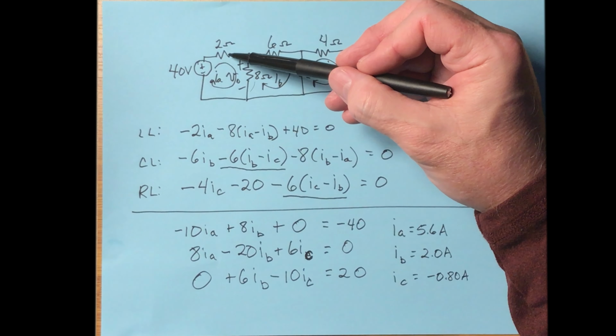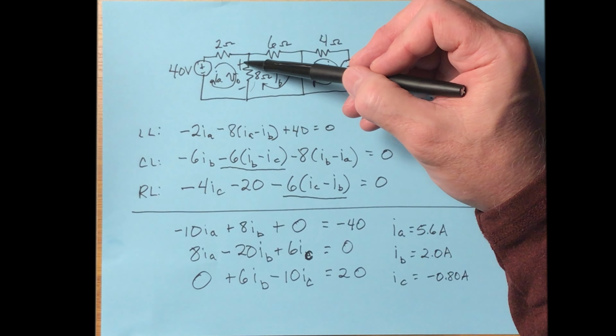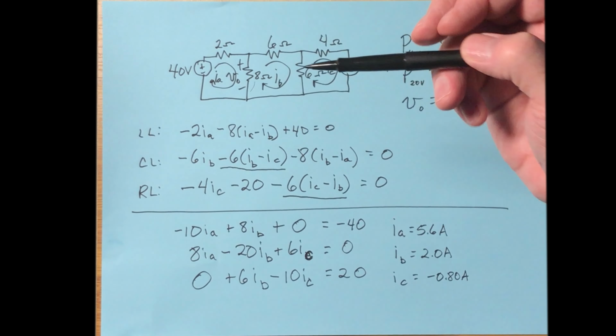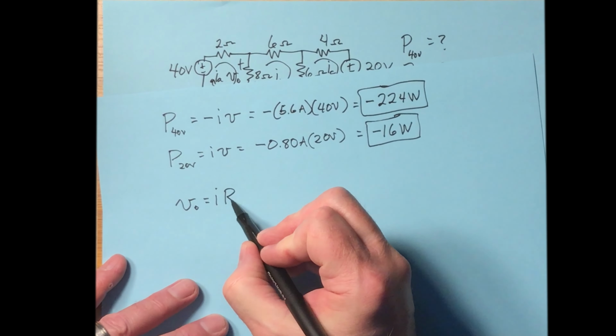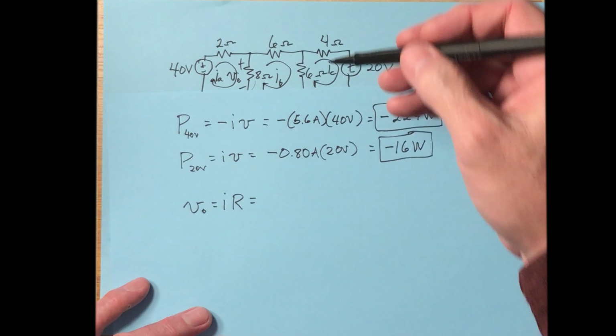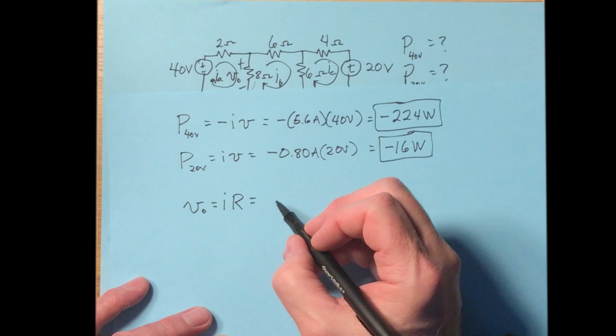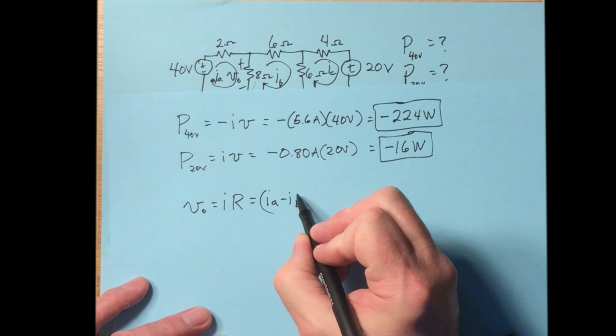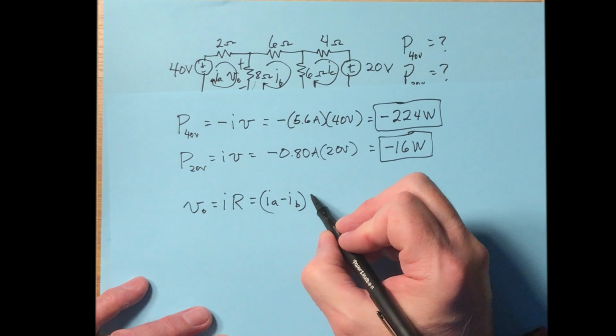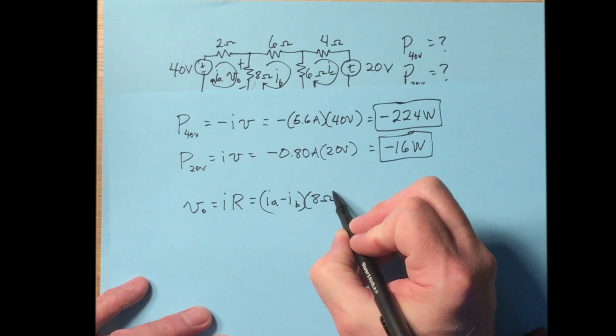Well, let's consider the current to be going into the top, into the positive. That way we write V naught is equal to I times R. But what is the I? Well, since we're talking about what's going into the top, that's going to be I sub A minus I sub B. So that's the current. And the R is 8 ohms.